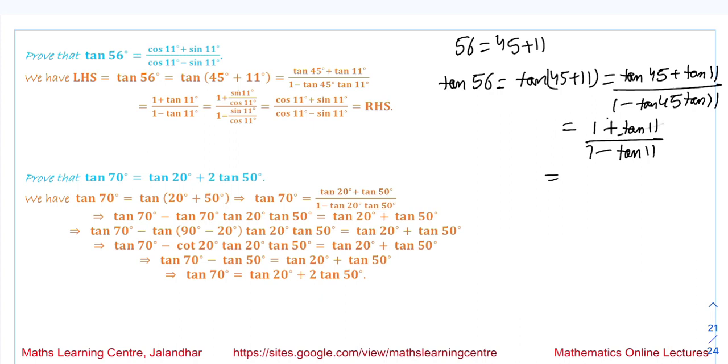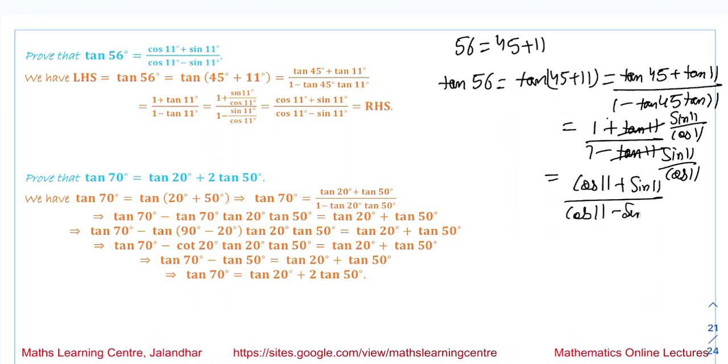Now if we write this tan 11 as sine 11 over cos 11, so this whole value will become cos 11 plus sine 11 divided by cos 11 minus sine 11, and this is equal to the RHS.